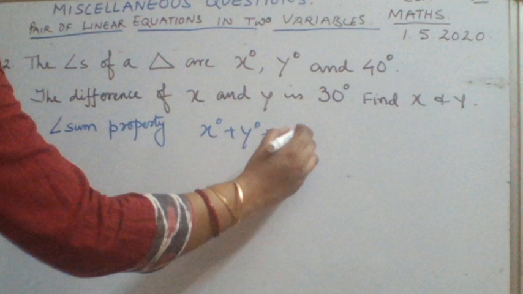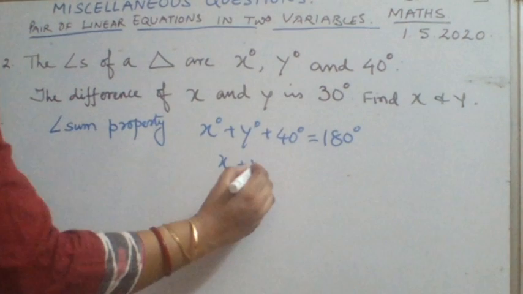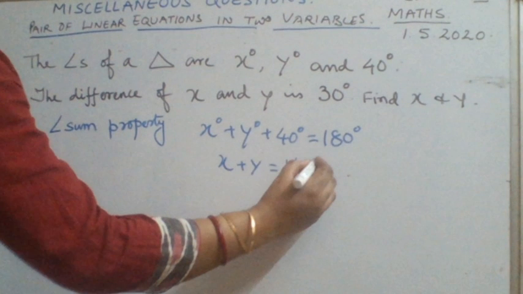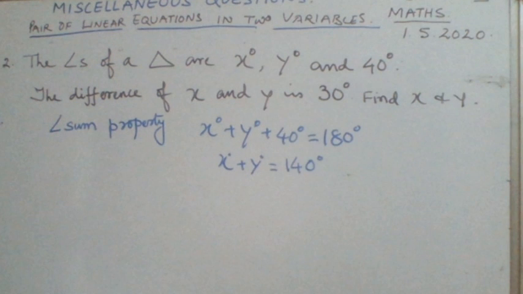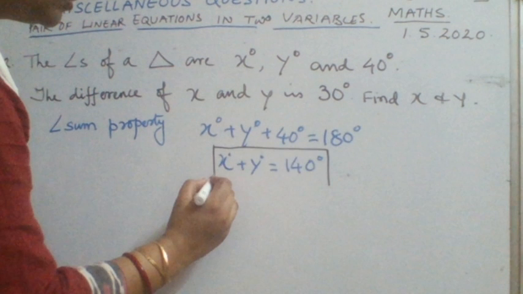This is going to be equal to 180 degree. Therefore, x plus y is equal to 180 minus 40, that is 140 degree. So this is one of the equations. This is one linear equation: x plus y is equal to 140 degree.